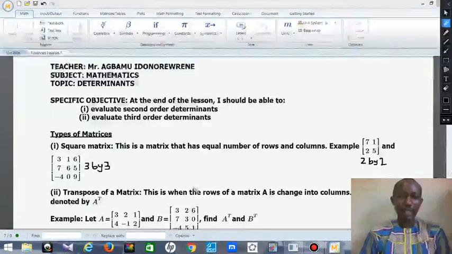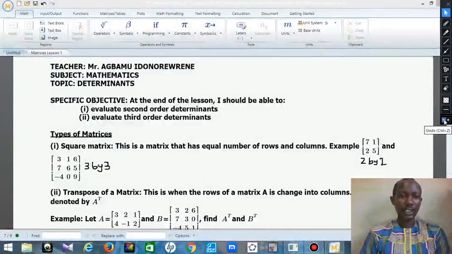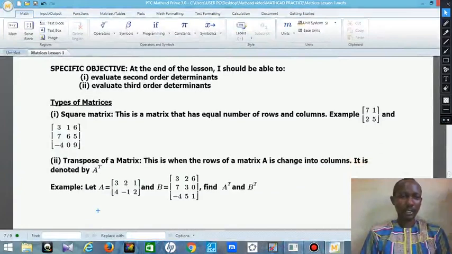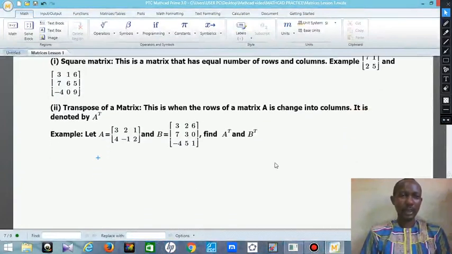Then another important matrix you need to learn is the transpose of a matrix. It's another important type of matrix we need to know. So what is the transpose of a matrix? The transpose of a matrix is a matrix in which you replace the rows with columns. This is when the rows of a matrix, for example matrix A, are changed into columns.